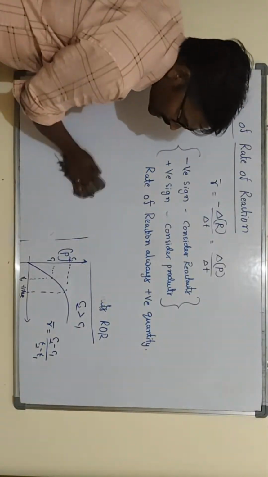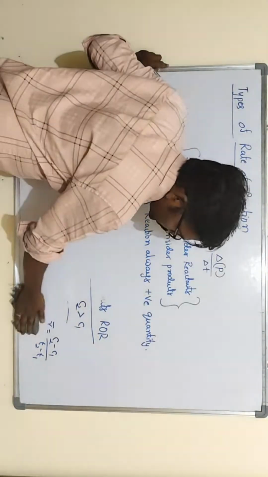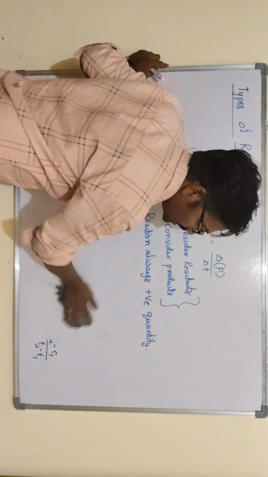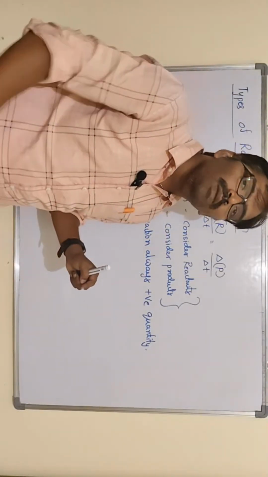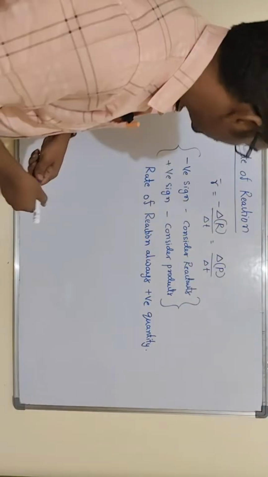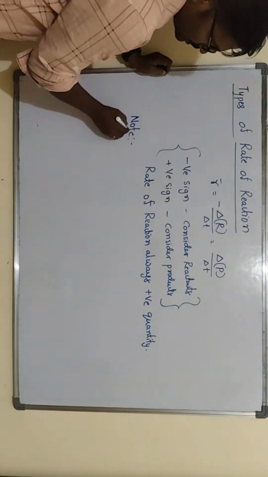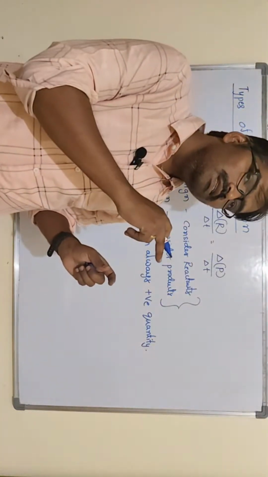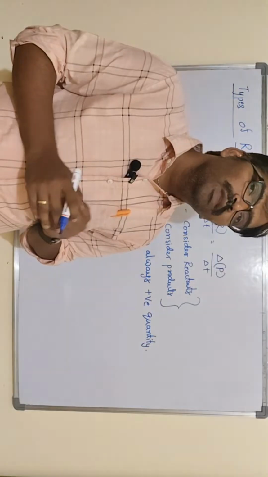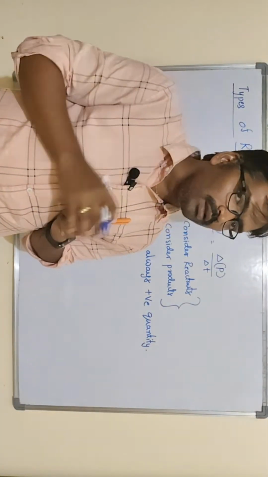So remember one thing here. Note that this point is very important. For zero order reactions, decreasing the concentration of reactants or increasing the concentration of products with respect to time is in a linear manner.